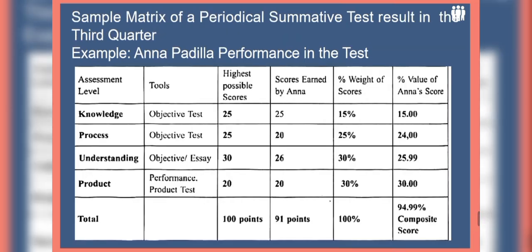And now in the sample matrix of a periodical summative test result in the third quarter, as in the example earlier about Miss Portia, the name of the student is Anna Padilla, and this is her performance in the test.